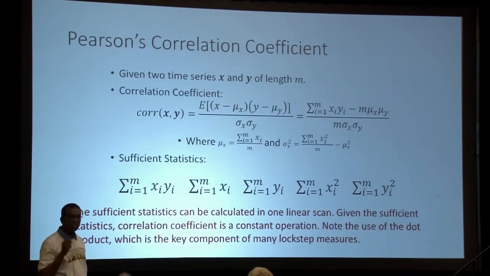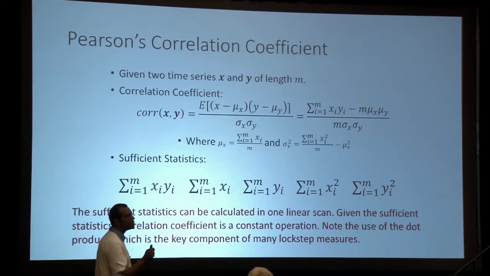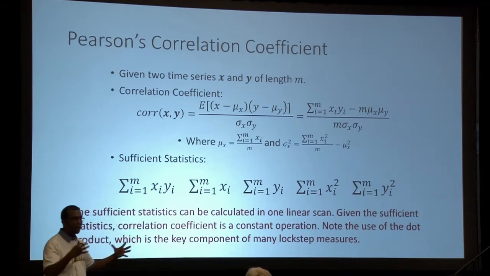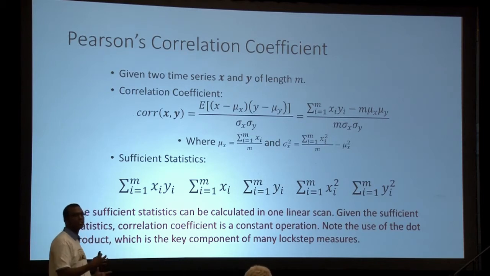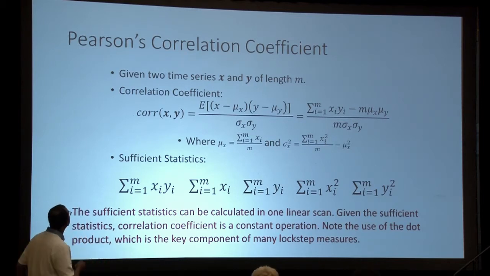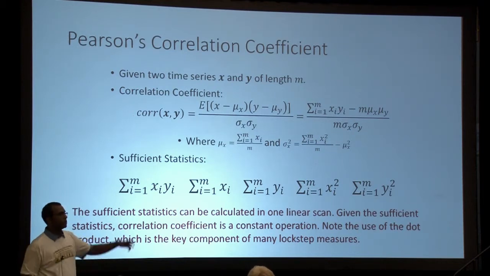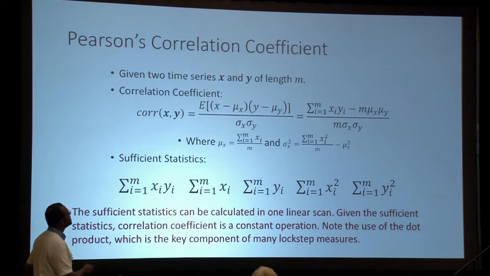So let's define the correlation coefficient. And this is important because we will merge them, the lockstep measures, and see what's more important, right? So given two time series x and y, this is how the correlation coefficient is defined. If you go to a textbook, that's how you will see it. And in this talk, we will be using this formulation, relatively rarely used, but very good for us. Why?